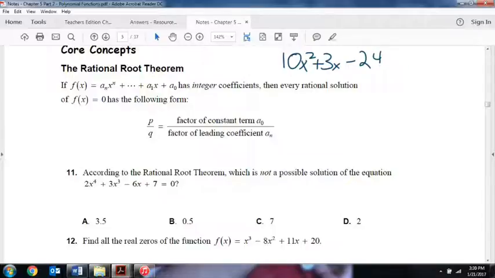What this basically says is, if I put any factor of 24 on top, so that's 24, 12, 8, 6, 4, 3, 2, 1, I can divide it by any factor of 10. That's 10, 5, 2, and 1. And it could be the positive form or the negative form.